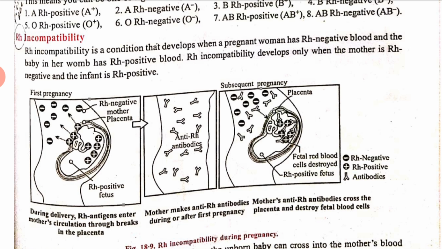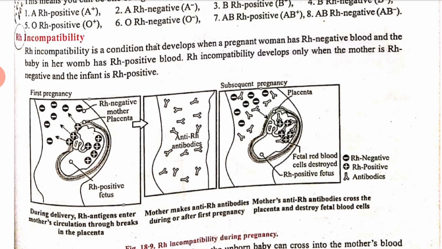Okay, so during delivery the Rh antigen enters the mother's circulation through the placenta, and the mother makes anti-Rh antibodies during or after the first pregnancy. And later these anti-Rh antibodies cross the placenta and destroy fetal blood cells.